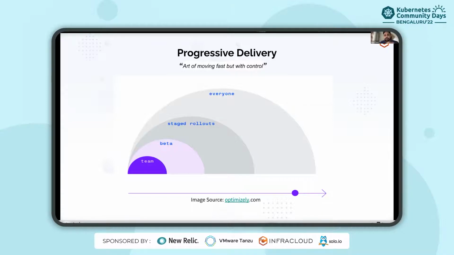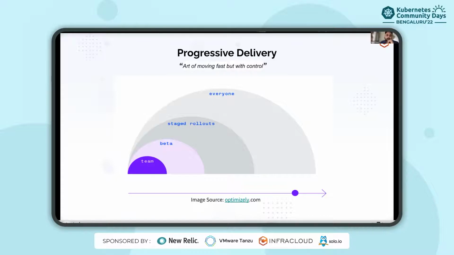And based on the user assessment or the metrics they derive from that, they would be able to decide, okay, this version would scale better, this is what the users are liking more.